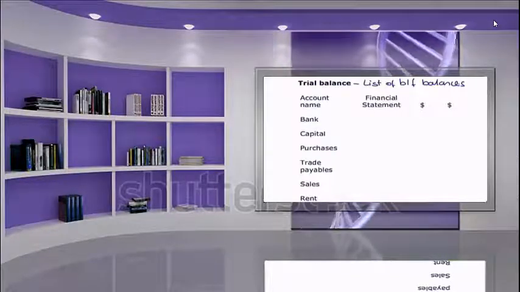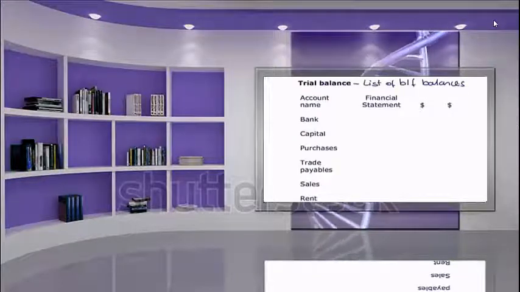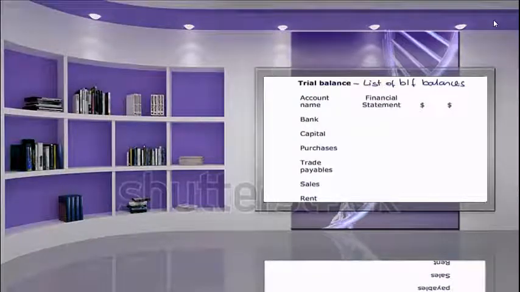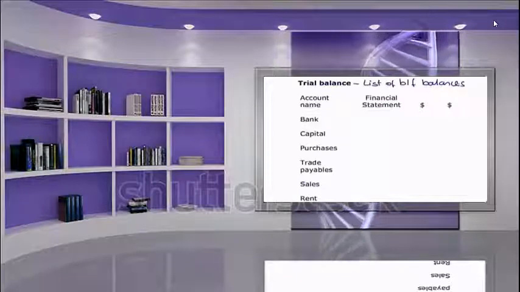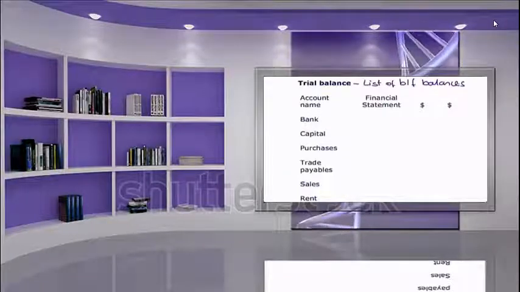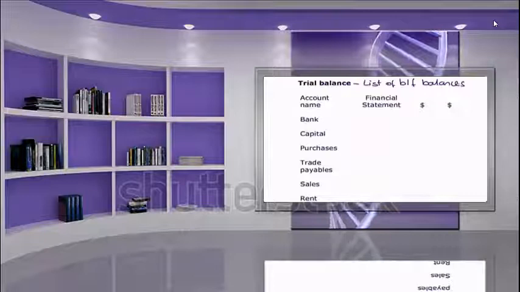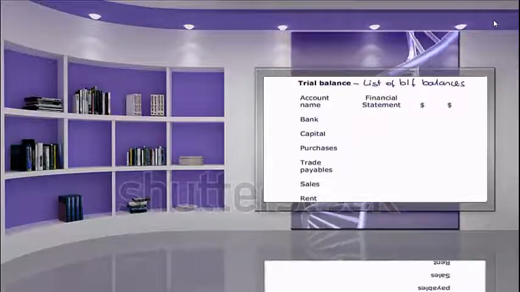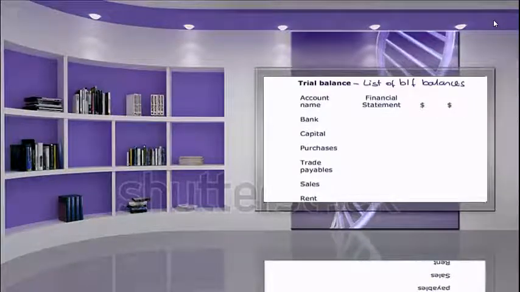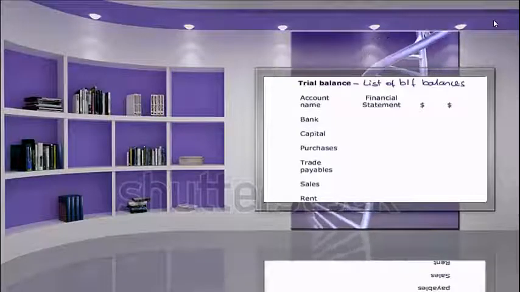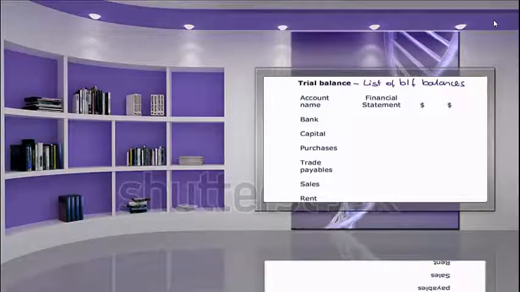What we have in the trial balance is the account name that has come from each of our main ledger accounts. We've got the financial statement that that account relates to, so the statement of financial position or the statement of comprehensive income. And then we have two columns to show the figures.